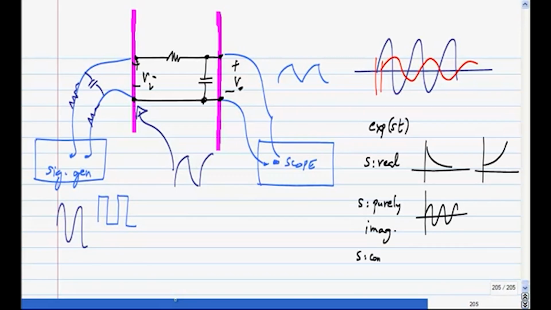And if s is complex and the real part is negative, you get that. If the real part is positive, you get that. So now I think your question is, why should we not use s real? What's the problem with doing that? Could we do that? That also satisfies this property, right? It goes through a linear system and then comes back as the same exponential. What is the issue? Is there an issue?